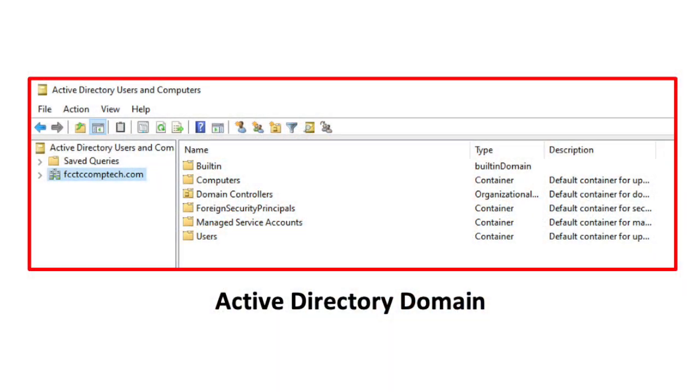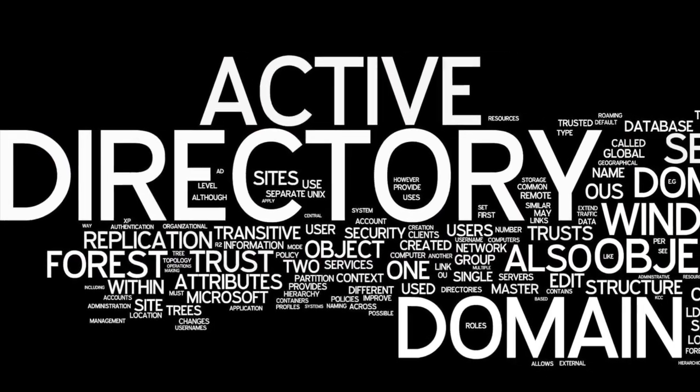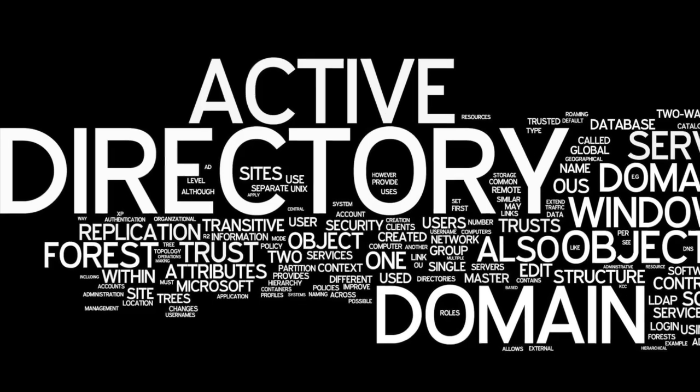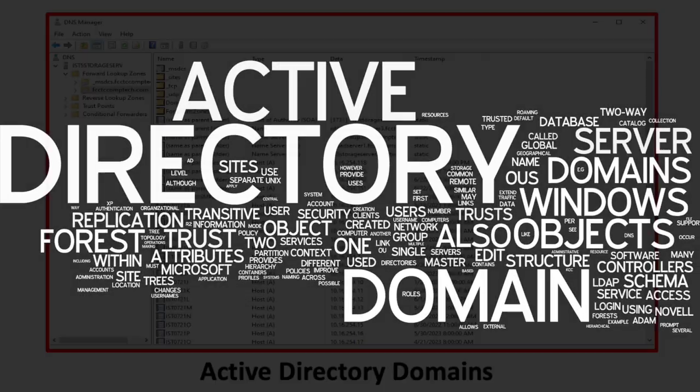Management of users and devices is accomplished through a Windows feature called Active Directory, AD. This is a database containing information that identifies users and devices that it administers. The area that they administer is known as an Active Directory domain, and servers that administer them are known as Active Directory domain controllers.